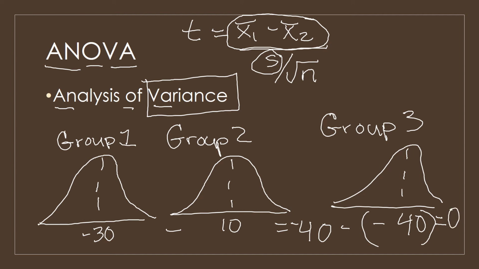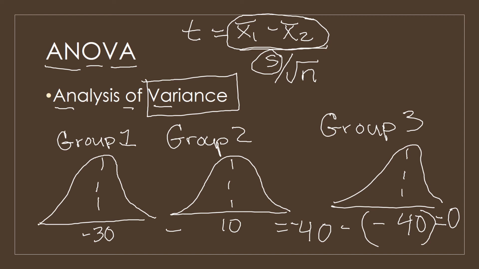Now, that means that there's no difference between any of these. But clearly we can see that there is a difference, right? Negative 40, negative 30, and 10 are all different means. But if we just subtract them all, then we could get a value of 0.